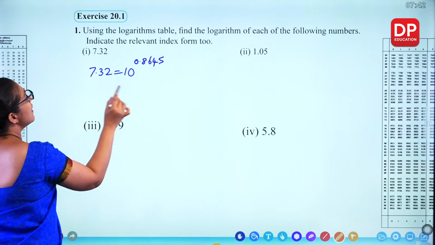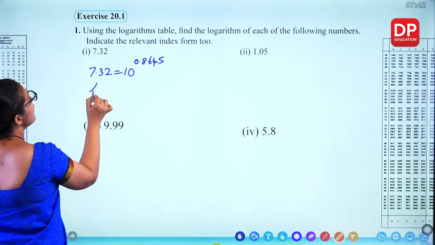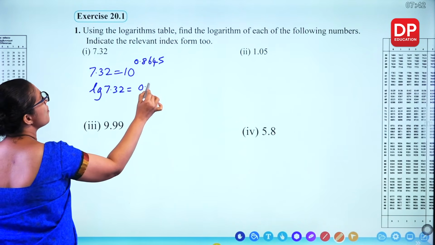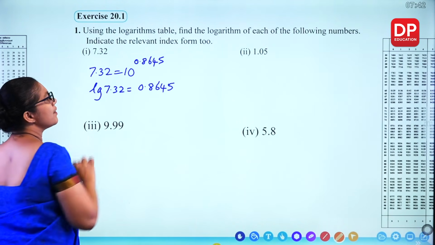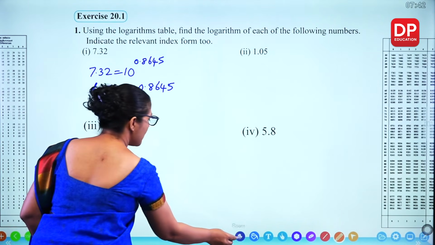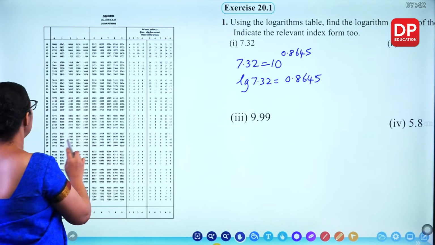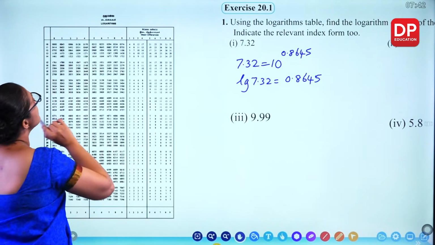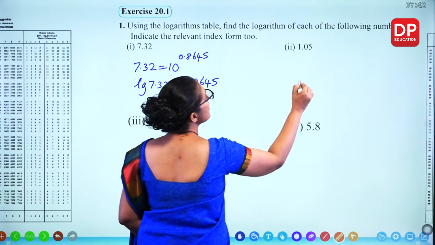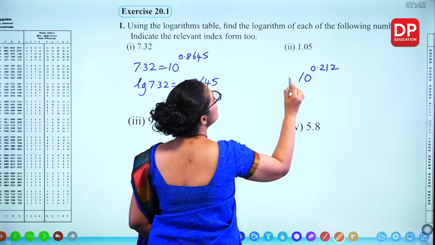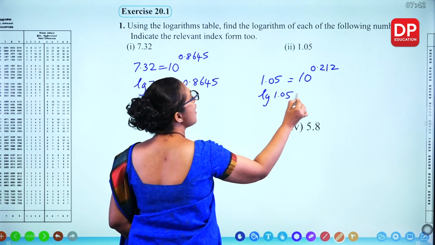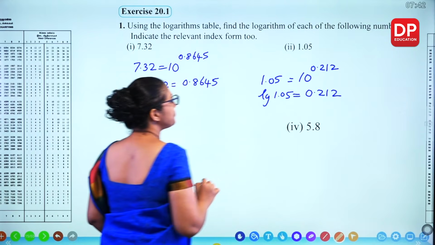Then we need to find the logarithmic value. Log of 7.32 is equal to 0.8645. This one, 1.05, means 105. From the first table, 105 gives 0212. Then LG of 1.05 is 0.0212.